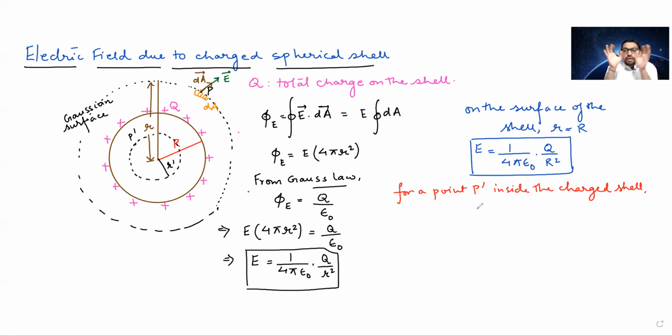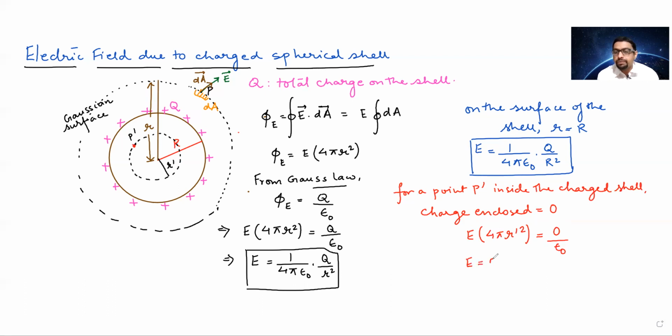We have taken the point inside, so this Gaussian surface inside, which is passing through the point P dash, is enclosing no charge at all. So charge enclosed is 0. Therefore, the electric field times the integral of dA, which is 4 pi r dash squared, equals charge enclosed 0 by epsilon naught, which is 0. So this implies that the electric field will be 0 inside, right?